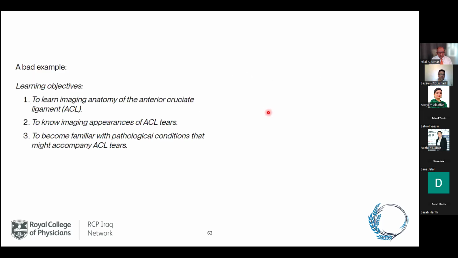A bad example also, learning objectives. To learn imaging anatomy of the anterior cruciate ligament, to know imaging appearances of anterior cruciate ligament, to become familiar with pathological conditions that might accompany anterior cruciate tears. If we change this example into a good example, it should be written in this way.